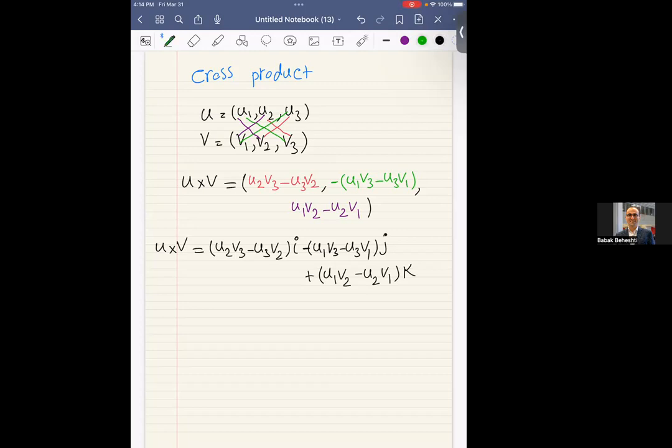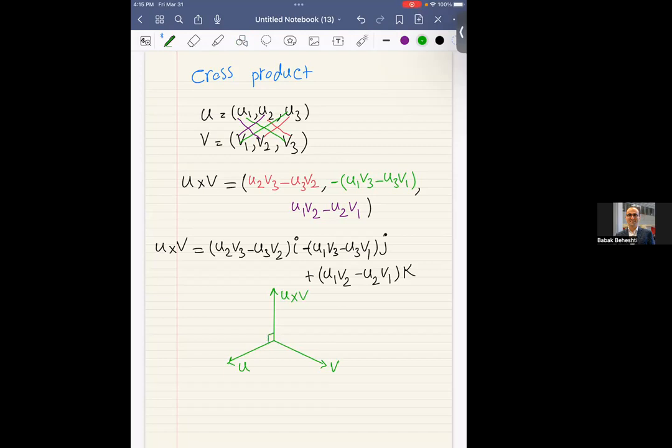And an interesting property of the cross product is that the cross product of two vectors is perpendicular to both of them. So for instance, if this is u and this is v, then this guy is u cross v.